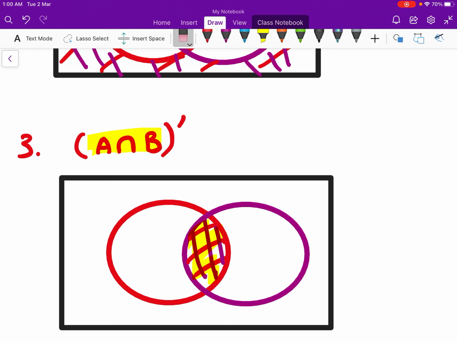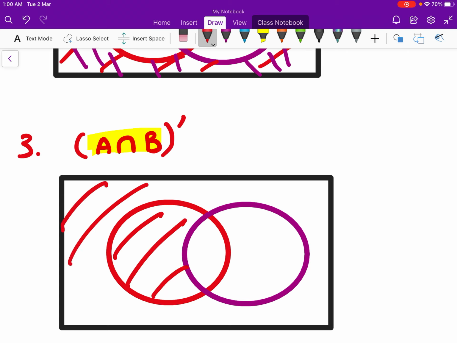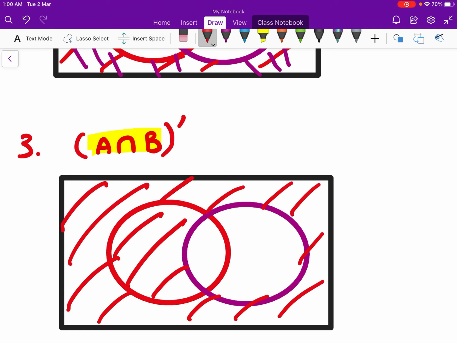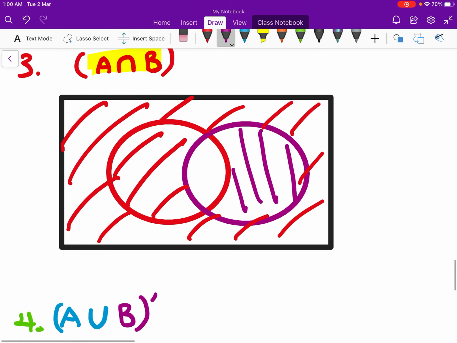I want everything beside this portion. So I erase, then shade here and here. You can see I shaded everything beside the A intersect B. This is how we do it when I have bracket and complement outside of my bracket.